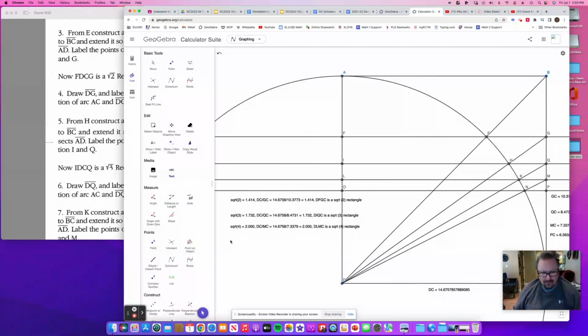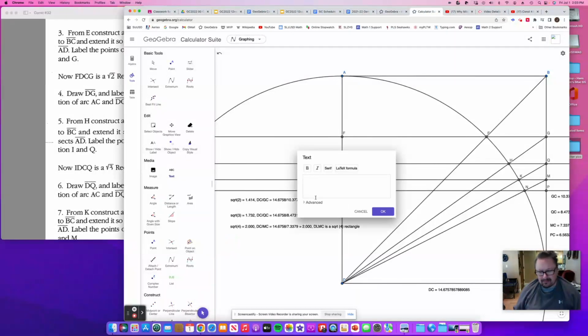All right, so now for our fourth statement. And here we say that root 5 equals 2.236. DC over PC.